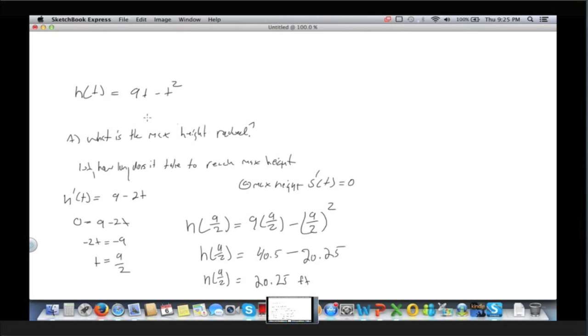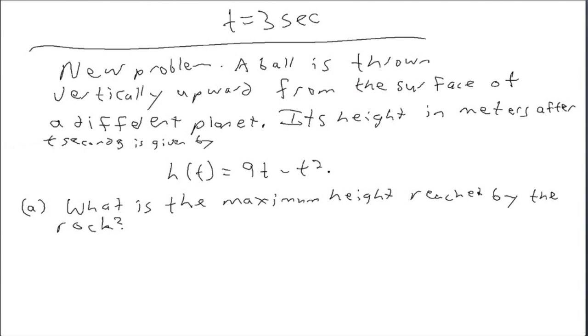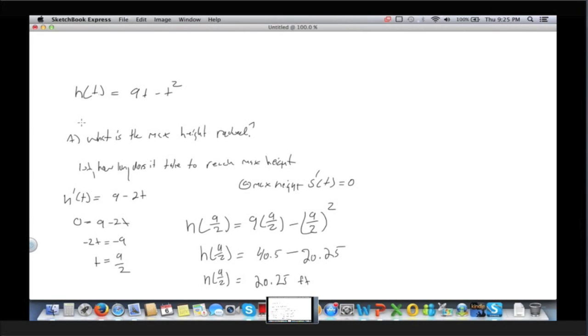So max height reached. This is the position function. It's asking us the maximum height reached by the ball. Well, to find that, we need to know how long it takes to reach max height because our function is based around time.